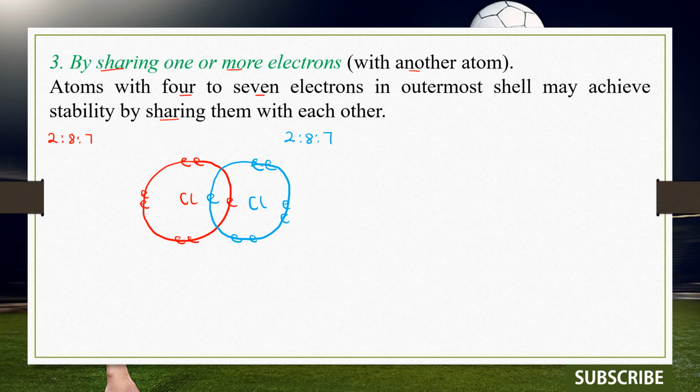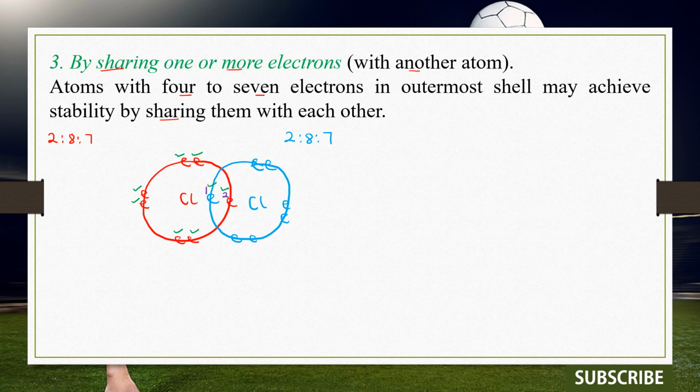The 2 electrons in the center are the ones being shared by both atoms. This electron 1 and electron 2. So if we are to count the number of electrons of the red chlorine atom, we shall have 1, 2, 3, 4, 5, 6, 7, 8. And in the same way, the one in blue will also be having 8.